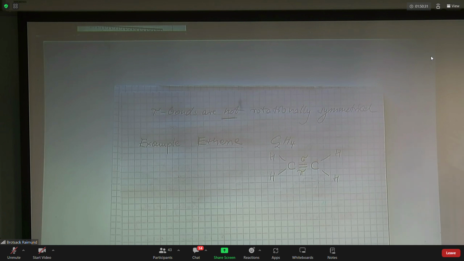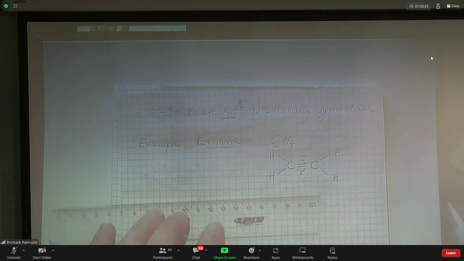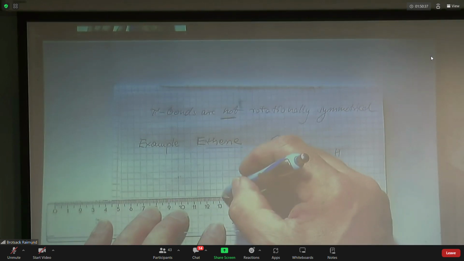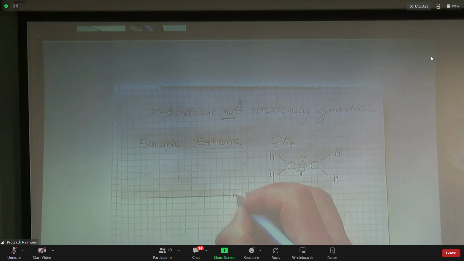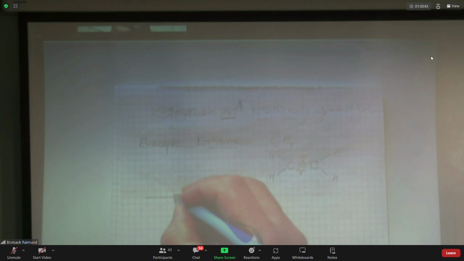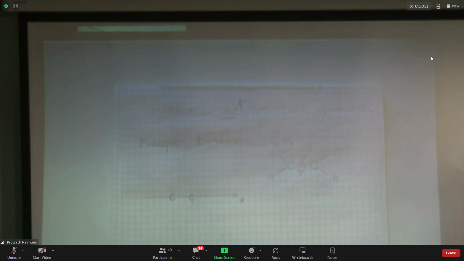Let's try to draw it with our geometrical form of the orbitals. Again, we have here the x-axis, and we have here 1 carbon atom, and here the other carbon atom. And now we have the so-called sp2 hybridization in this case.